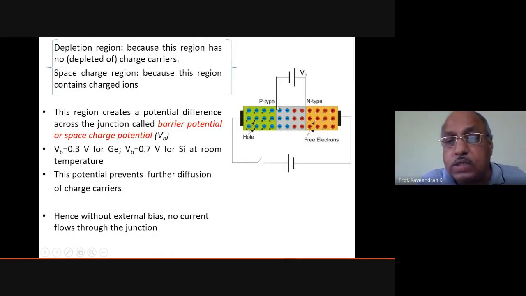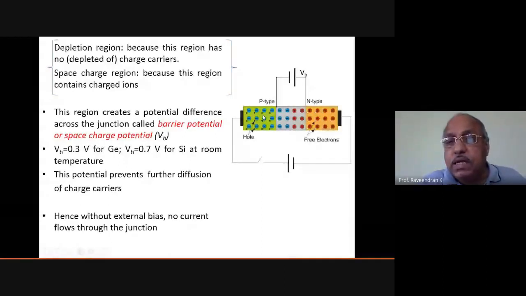And the electrons are repelled by the negative polarity and hence move towards the PN junction.